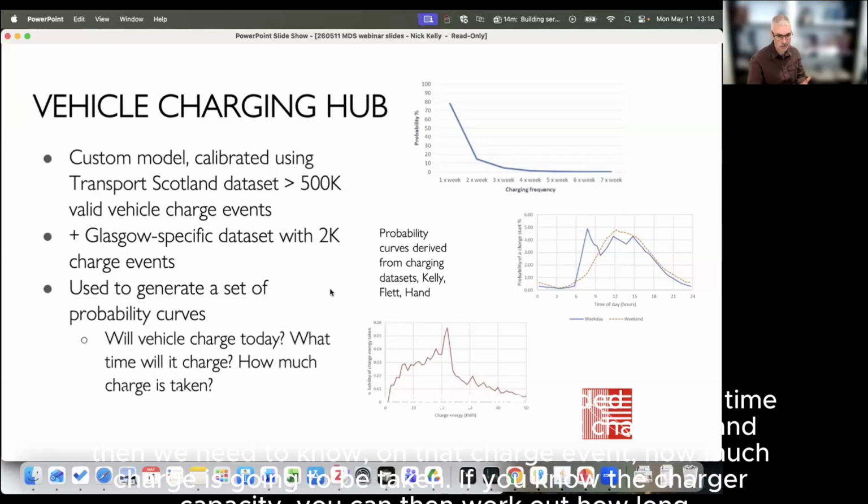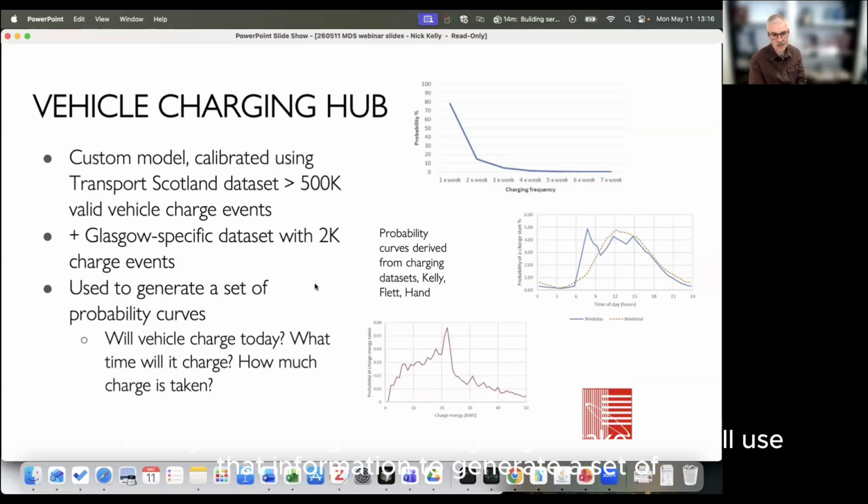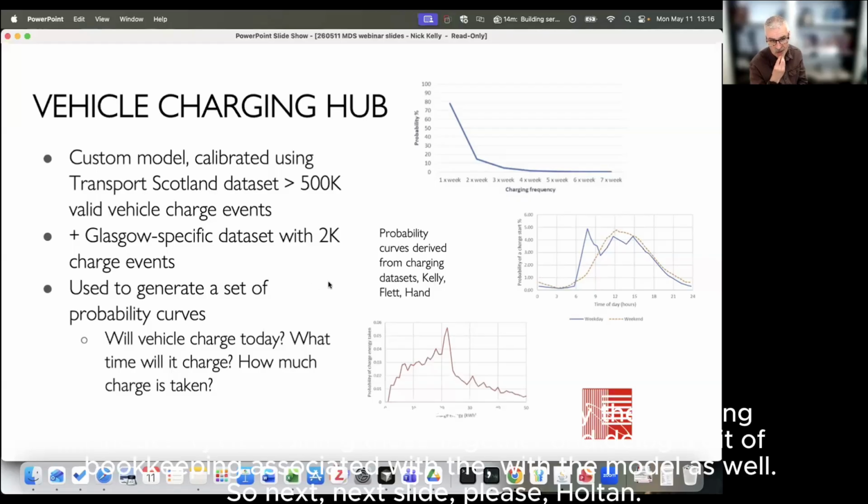If you know the charger capacity, you can then work out how long that charge event is going to take. So we use that information to generate a set of probability curves, and really the charging model is just chaining those together and doing a bit of bookkeeping associated with the model as well.